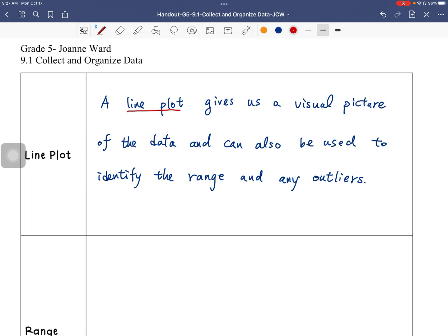We can use the line plot to identify the range and any outliers.